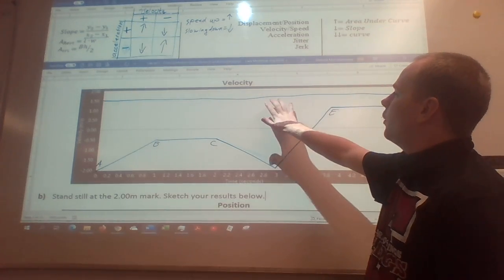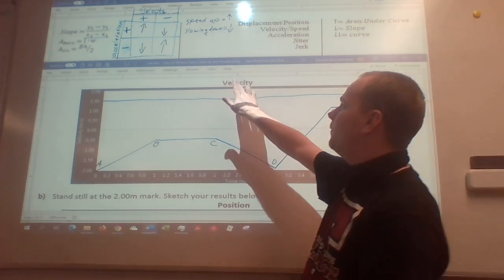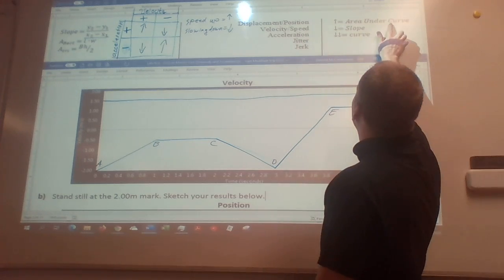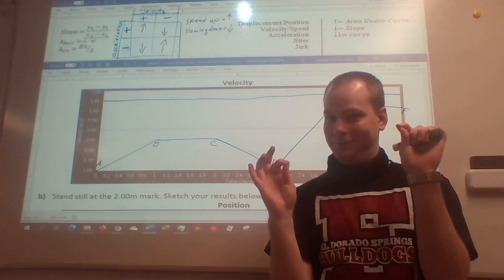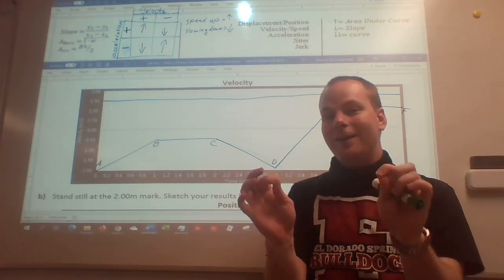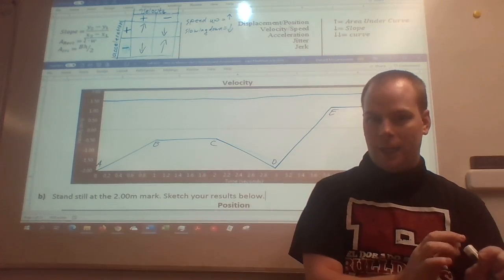Okay, if we are determining the displacement from a velocity time graph, we are going to use the area under the curve. Clarification. Area under the curve means the area between the graphed line and the 0 line.